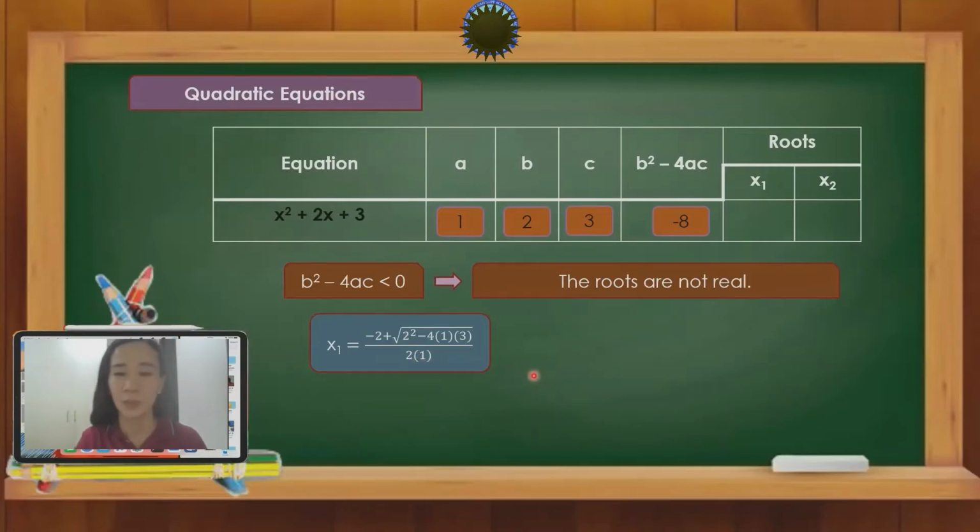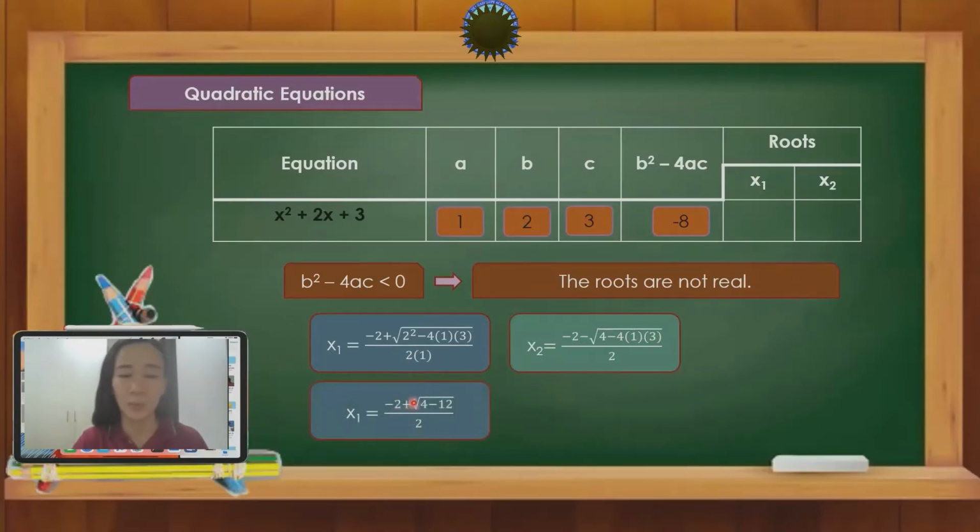And for the x sub 2 is -2 minus square root of 4 minus 4 times 1 times 3 all over 2. Then x sub 1 is equal to -2 plus square root of 4 minus 12 all over 2. For our x sub 2 is -2 minus square root of 4 minus 12 all over 2.